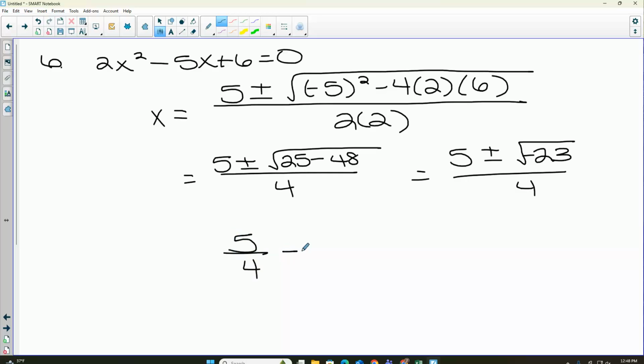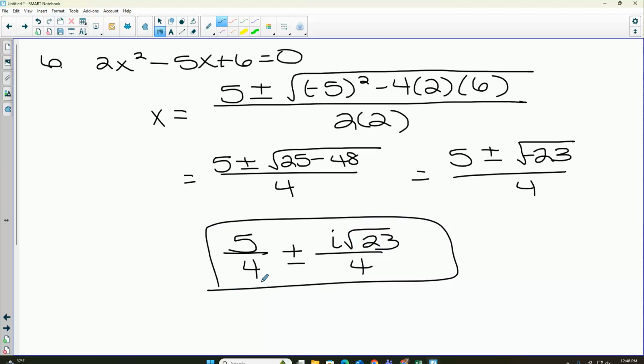So 5/4 plus or minus i radical 23 over 4. Is that one okay? Number 7.